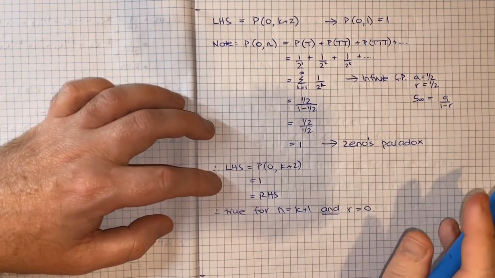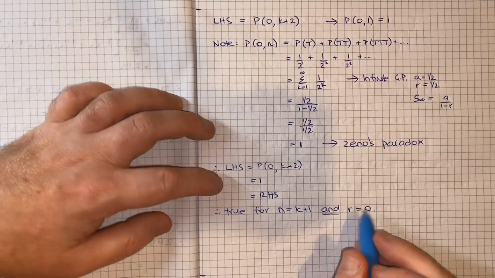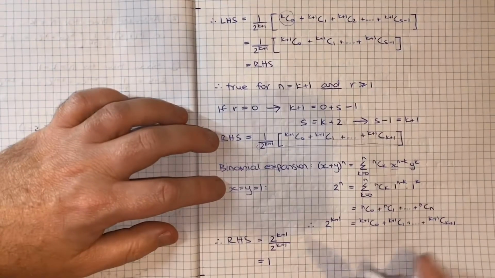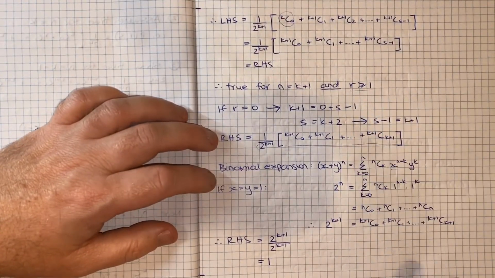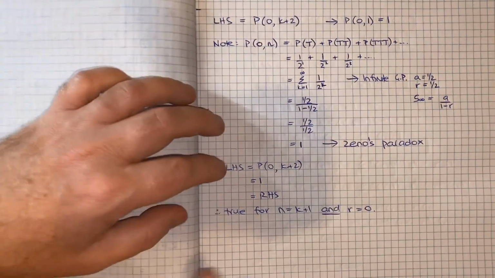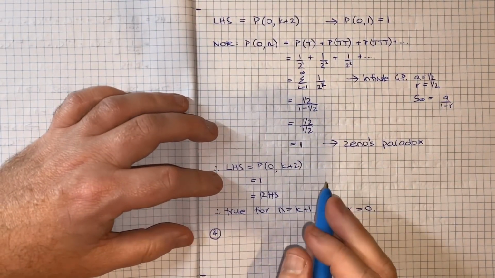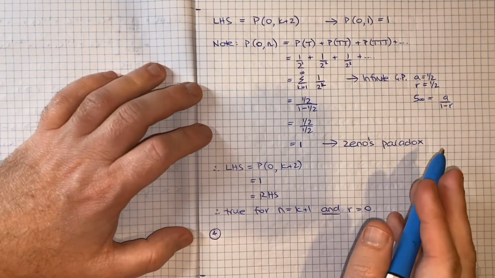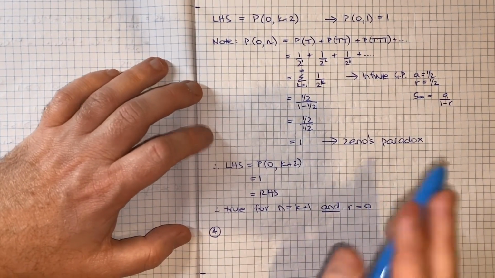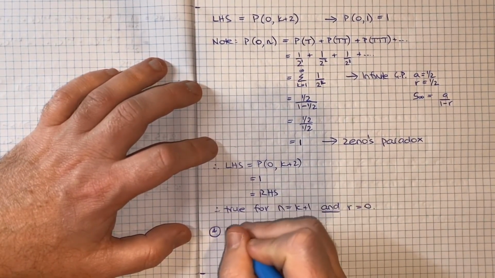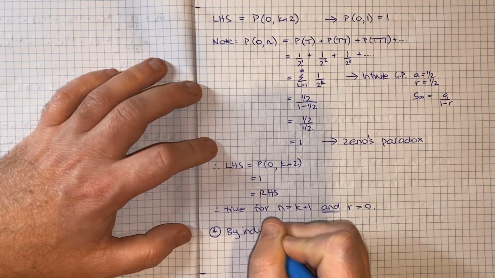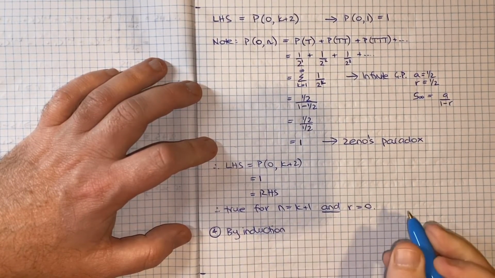So we've covered all our bases now. We've covered r equal to 0. We've covered r greater than or equal to 1. So we're good. I think it's just now that final step of the induction, which I won't write out all the words. I think different teachers probably teach different disciplines here. I'm just going to say by induction and leave it to you to follow whatever way you were taught.